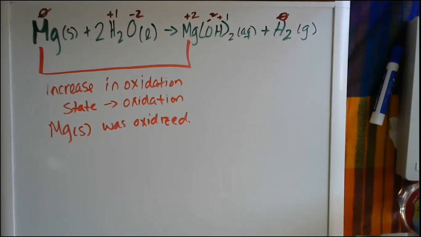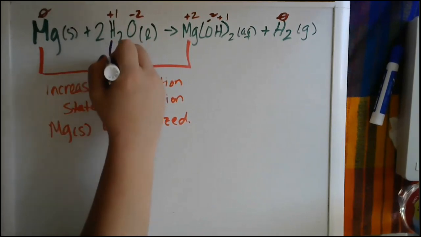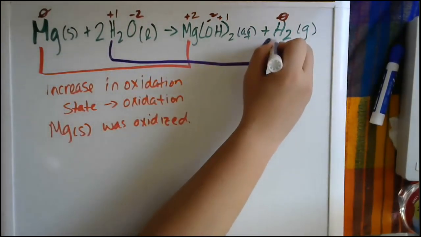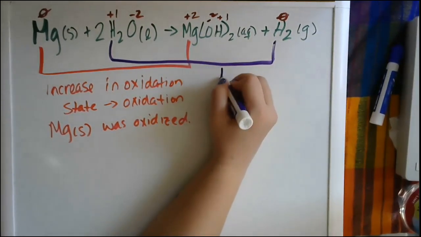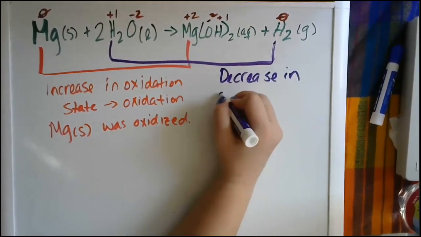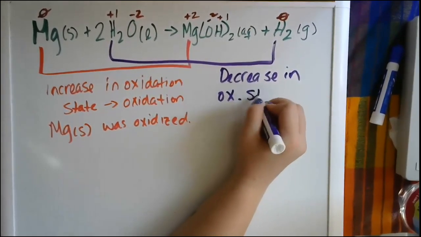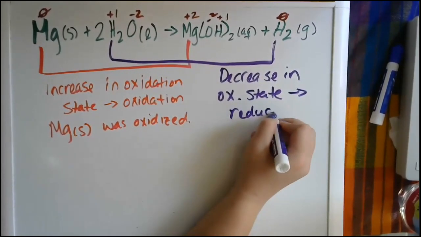Where else do we see a change? We see a change in the hydrogen. Hydrogen goes from a +1 to a 0. So a decrease in oxidation state means that we have reduction.